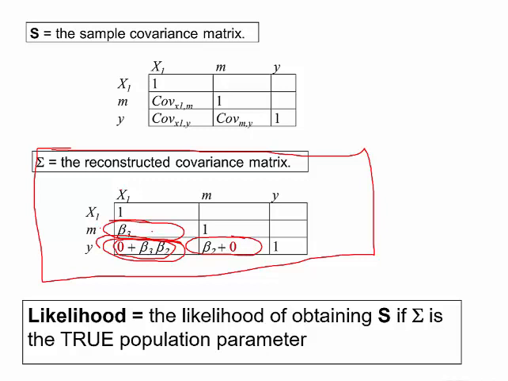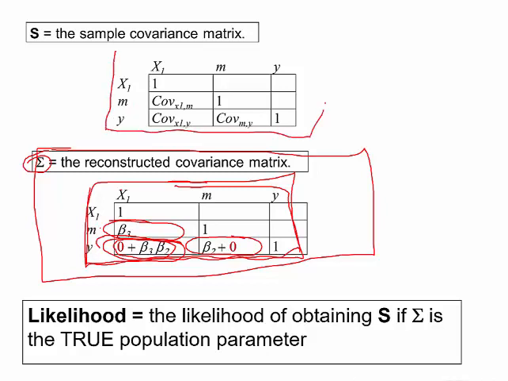So if I create this sigma covariance matrix and get the values for that, and now I assume that this covariance matrix is the true parameters in the population, an accurate, perfect model of exactly what it's like in the population, then what is the likelihood of getting what I really got, the actual sample matrix that I got in my study?